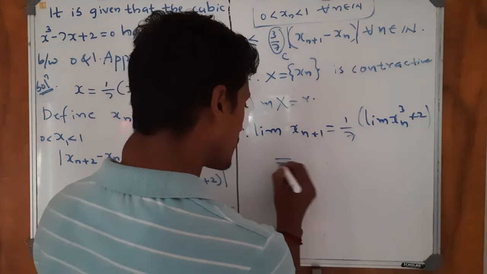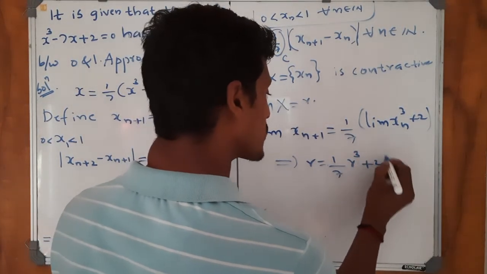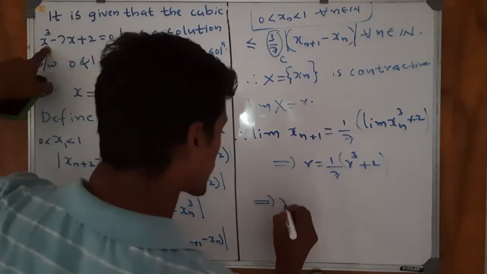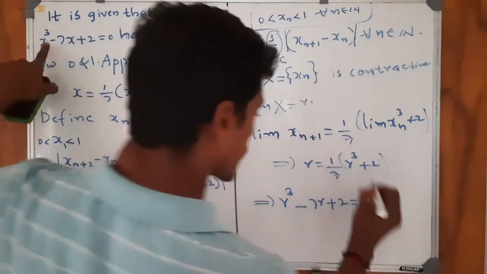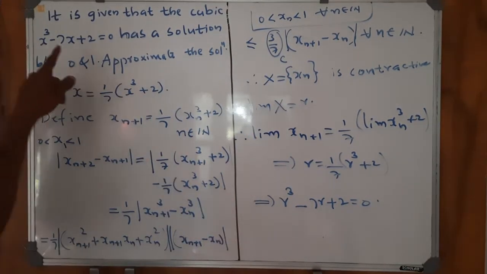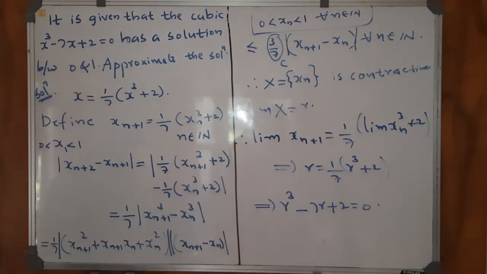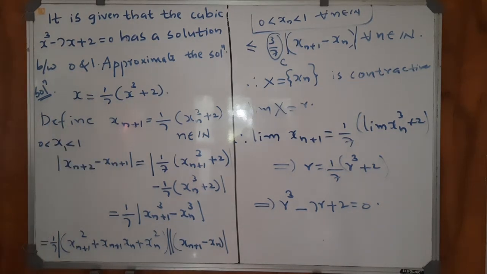So this implies r equal to 1 by 7 into r cube plus 2, which will give us back r cube minus 7r plus 2 equal to 0. So the roots of this polynomial are the limit of the sequence defined recursively like this.